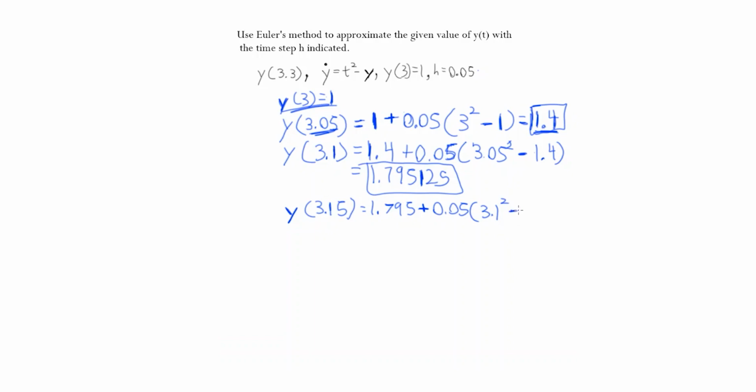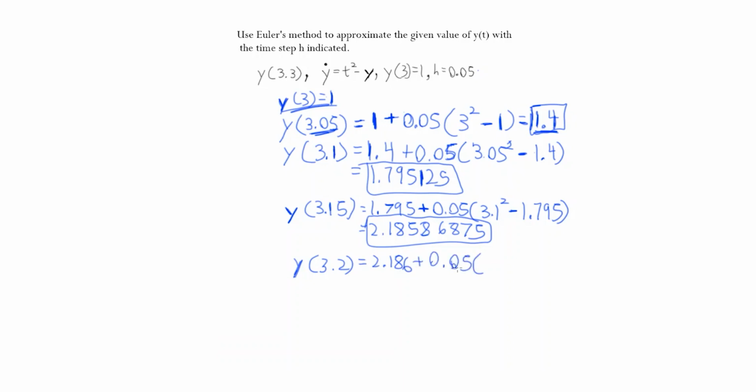So 1.795 plus 0.05 multiplied by 3.1 squared minus the answer. Okay, and I got 2.1858687. Add 0.05, 3.2.